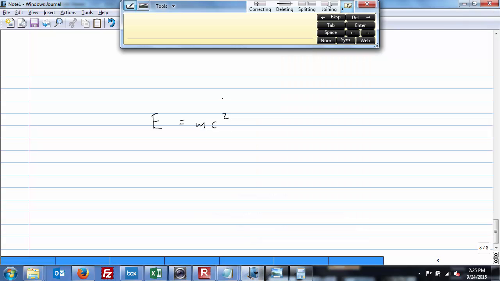And hopefully by now, with the units and the dimensions that we've been covering, we can see that obviously the dimensions of m are just mass. What are the dimensions of the speed of light? Just like any other speed.